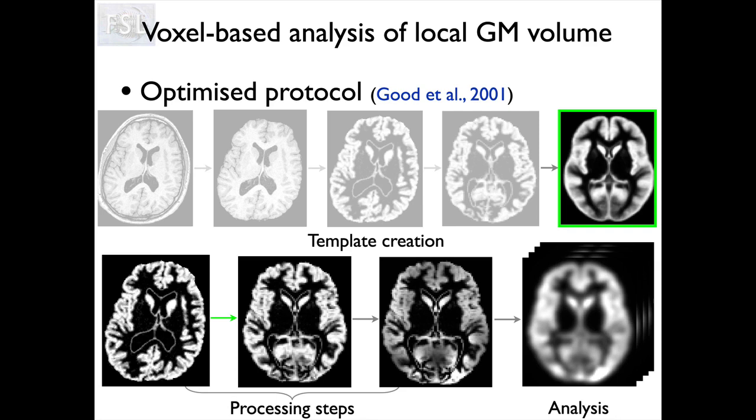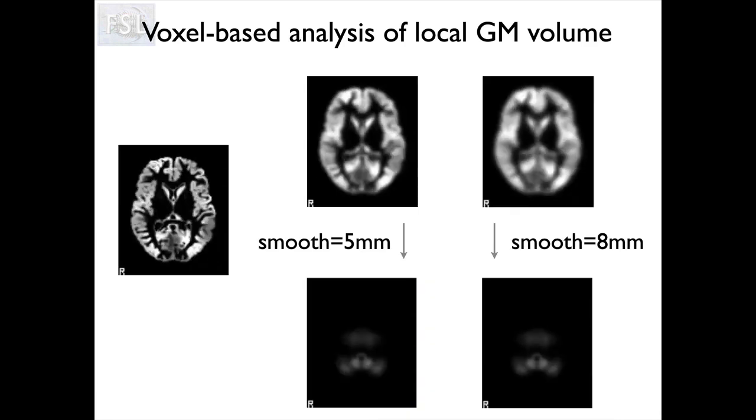So you need to make sure that the smoothing is local, so that it doesn't smooth an area where we had interesting amount of grey matter change with an area where we didn't have any change, because then we would lose that ability to see the change. So we do a little bit of smoothing in order to help us out.